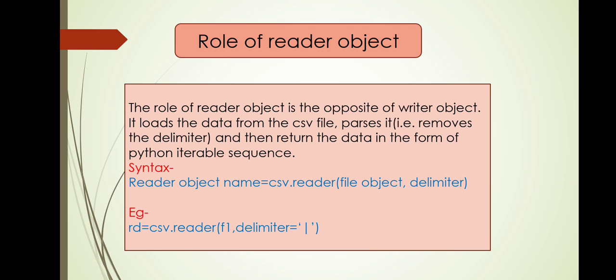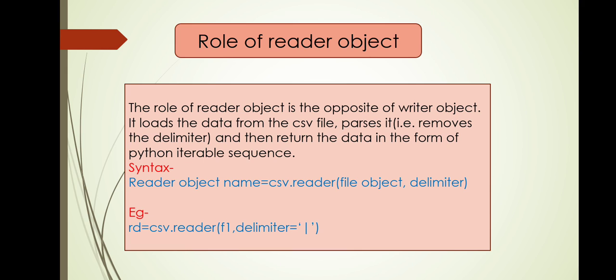This is called parsing, right? And then it is returning the parsed data in an iterable sequence form so that it could be stored in the Python sequence. Iterable sequence means any such sequence which you can use in a loop.